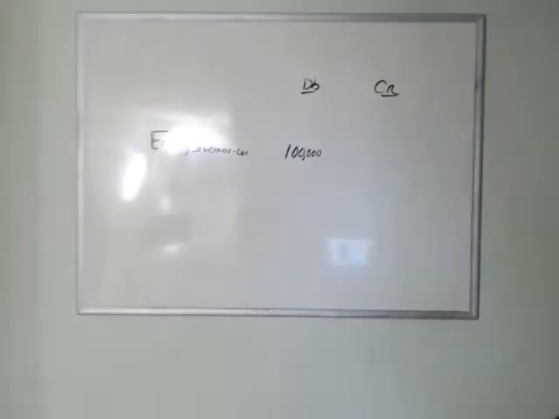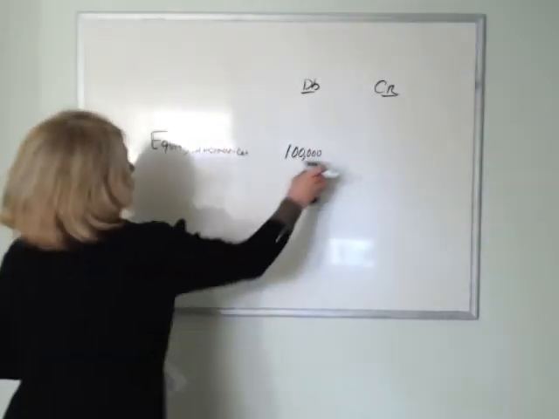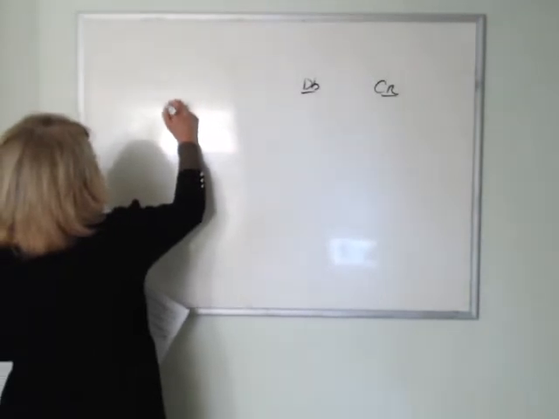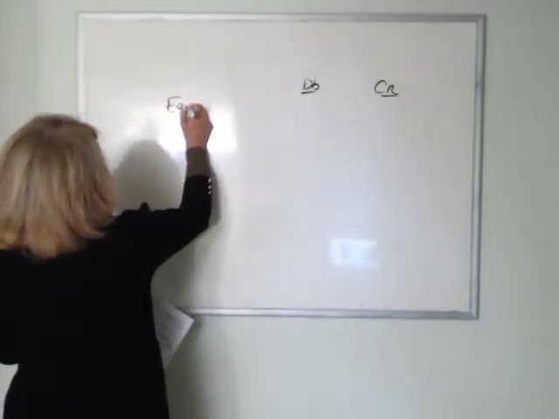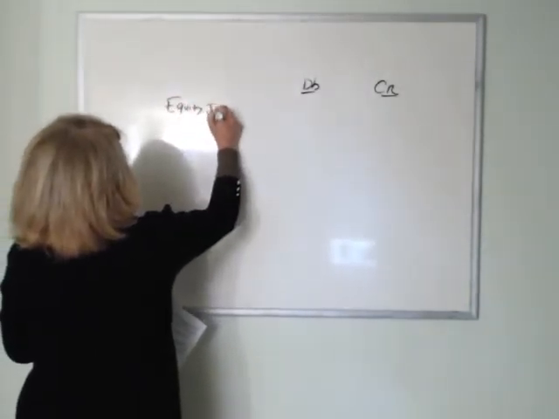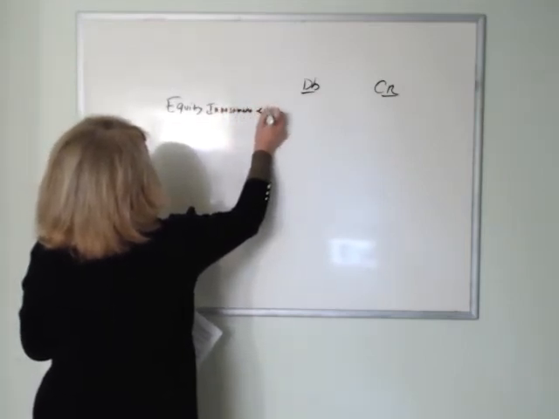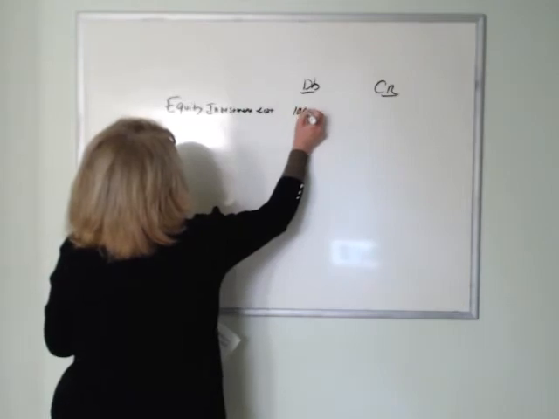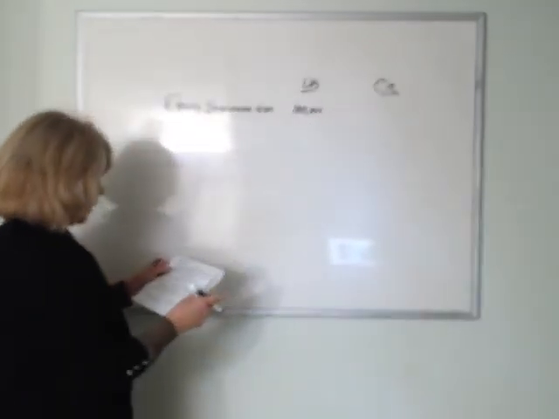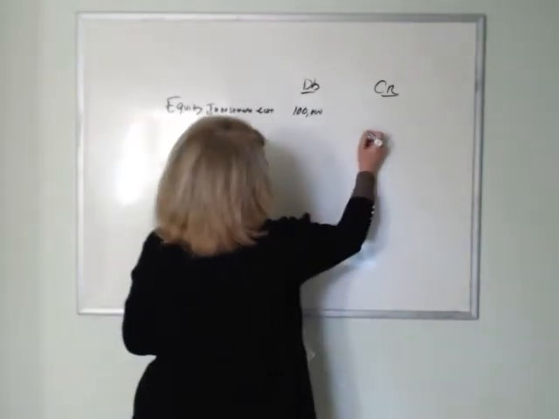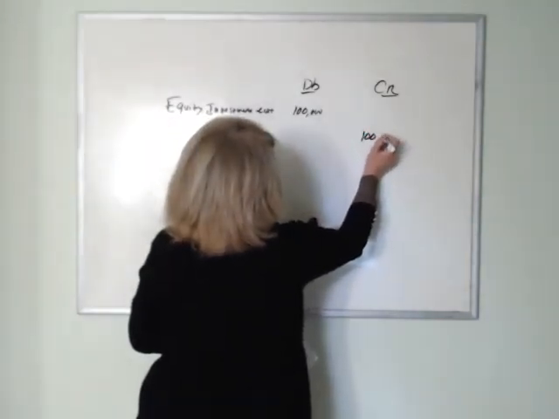I'm gonna erase again. Here's why. I have a few entries that I need to make. So I'm gonna debit equity investment. That's at cost, and that's $100,000. Okay? And then I credit cash. That's my first journal entry that I will make.